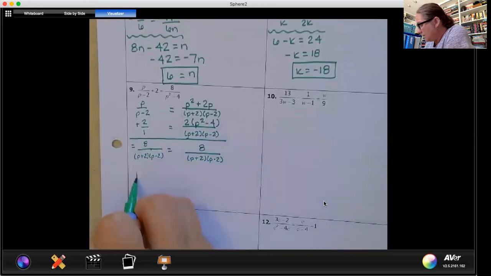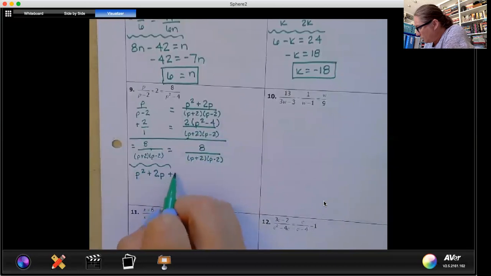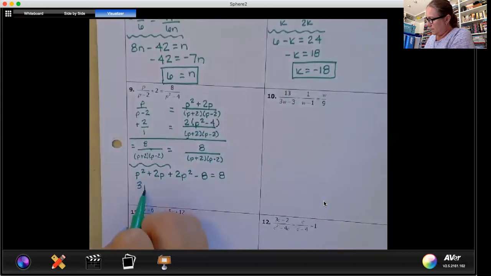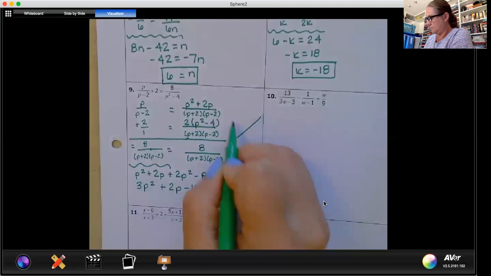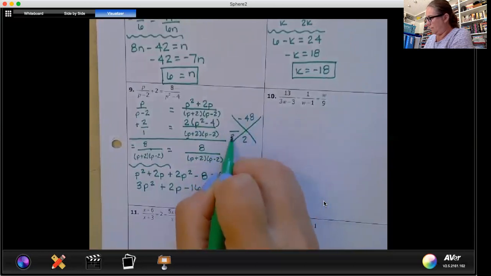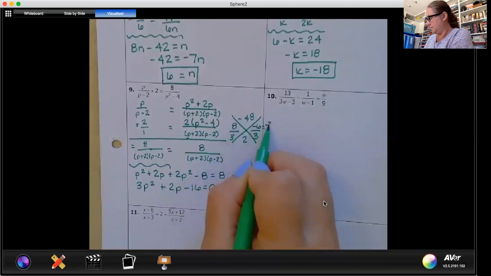So we have p squared plus 2p plus 2p squared minus 8 equals 8. So that's 3p squared plus 2p minus 16 is equal to 0. Negative 48 and 2 divide by 3 is 8 and negative 6, and this is negative 2.